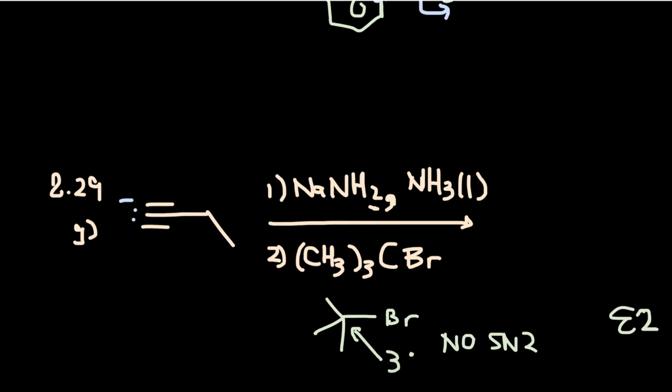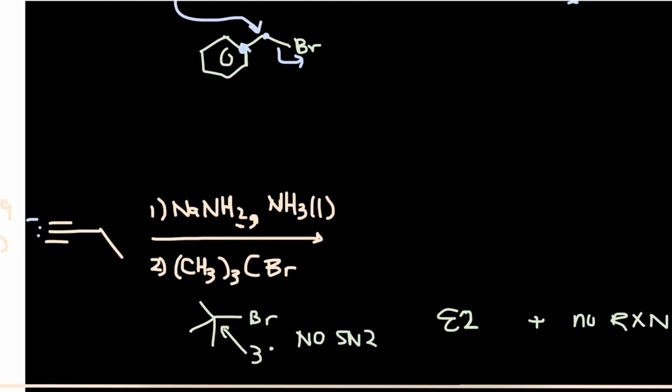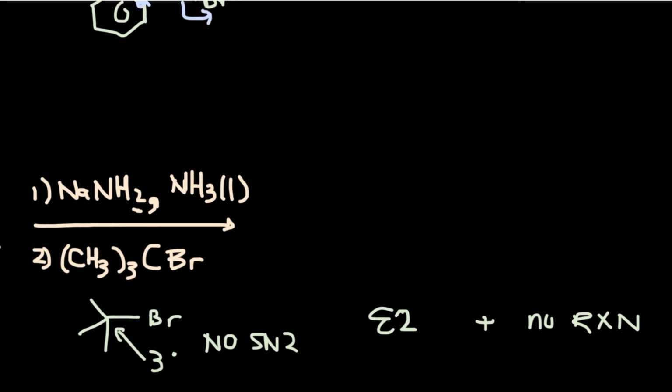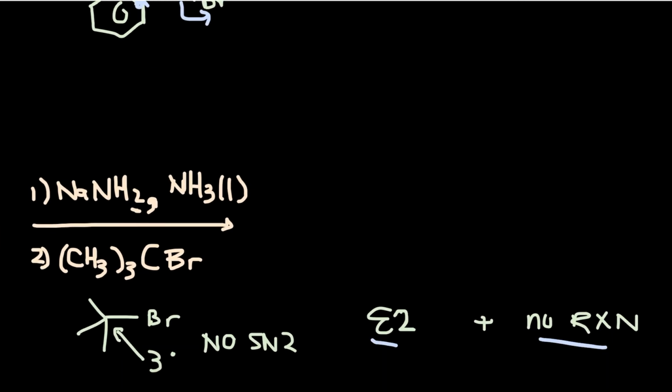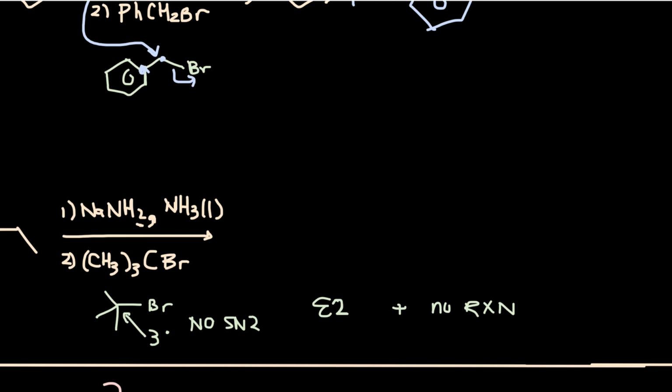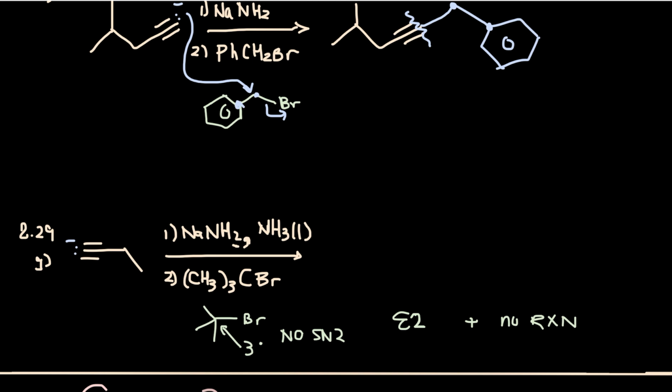What that means is we will not draw our usual products of just combining the things, but we'll have to draw an E2 and a no reaction product. So a no reaction product is straightforward. You just draw whatever you had. So we had this, no reaction. This is just what we had in the initial problem without the lone pairs.